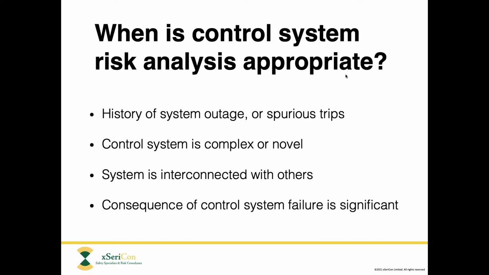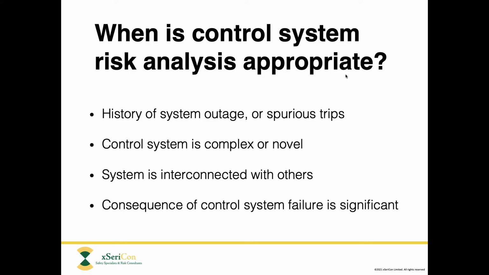A third indicator would be if the control system is interconnected with other systems, for example, through network connections. And a fourth, because that introduces potential outside sources of vulnerability and also means that an upset in our control system may also have an impact on other systems as well.